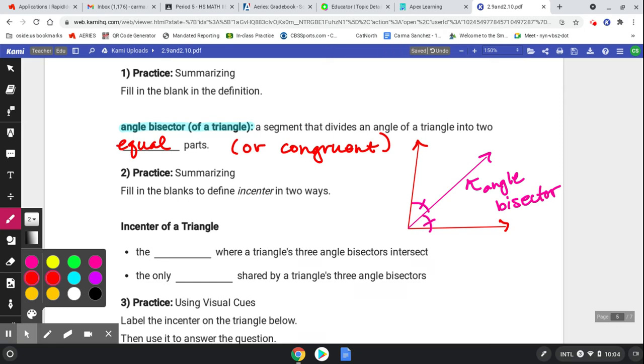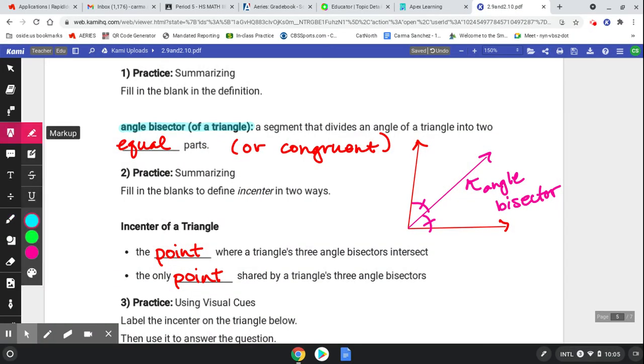Okay, the incenter of a triangle is the point where a triangle's 3 angle bisectors intersect. So the point where a triangle's 3 bisectors intersect, and it's the only point shared. This is your incenter of a triangle.